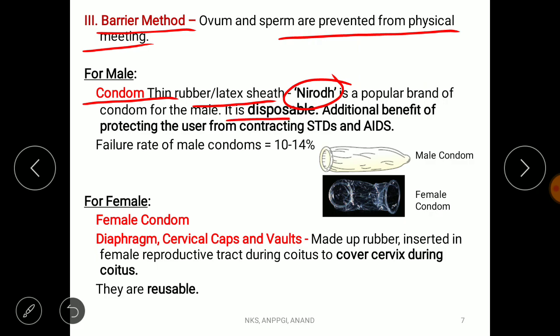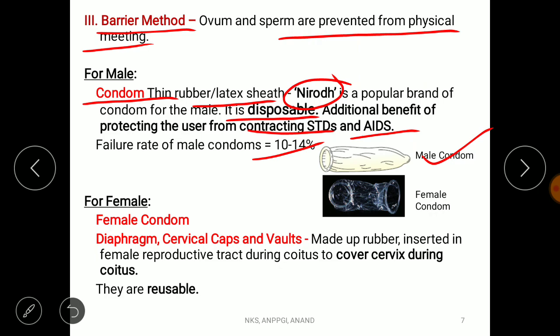It is disposable. In addition to protecting the user from pregnancy, it also protects the user from different STDs like AIDS. The failure rate of the male condom is about 10 to 14%. This is the male condom.